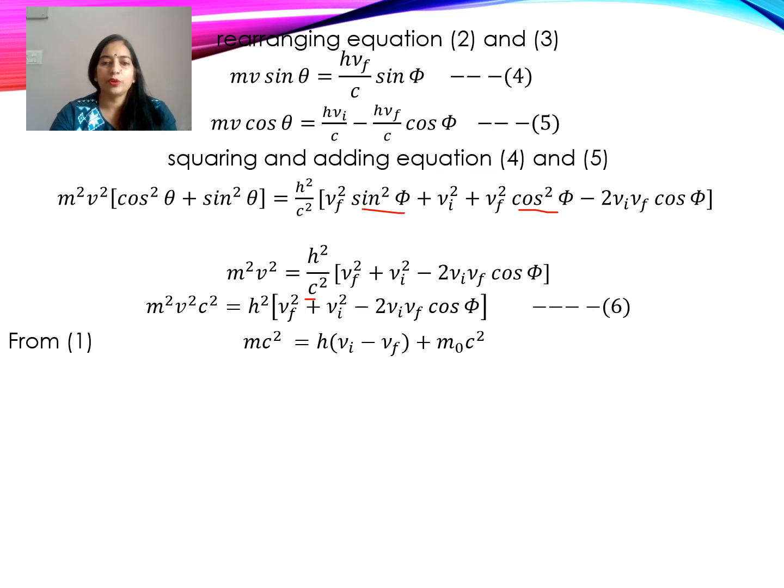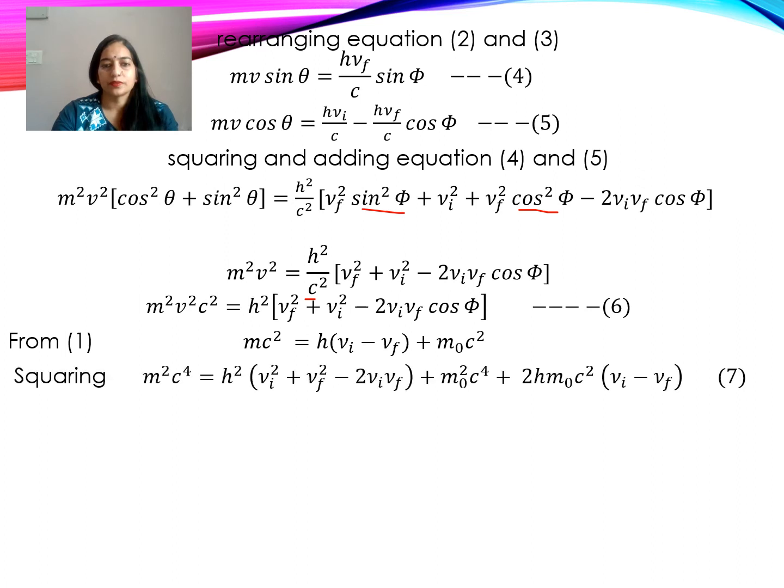Similarly, from equation 1 we can write mc square equals h times nu I minus nu f plus m naught c square. Square this equation. So m square c to power 4 equals, now similarly, this is a plus b whole square.